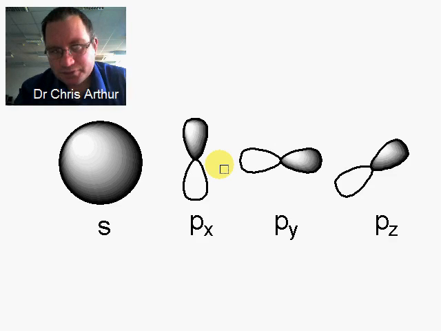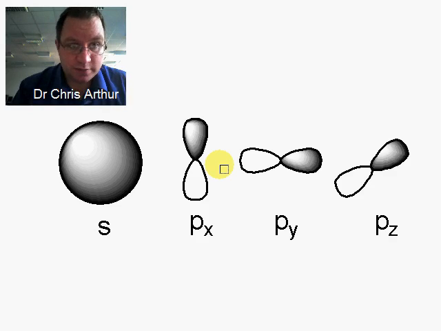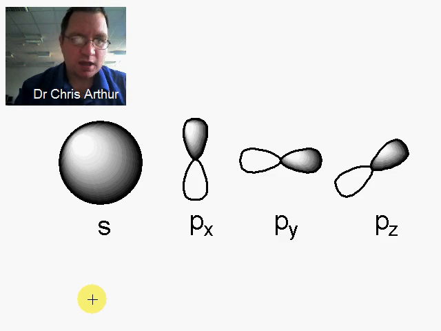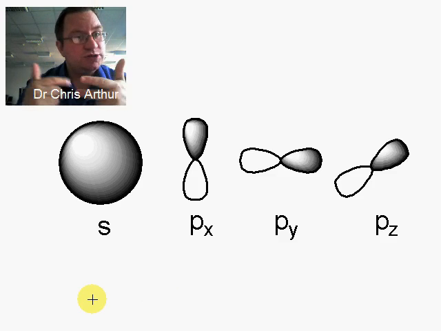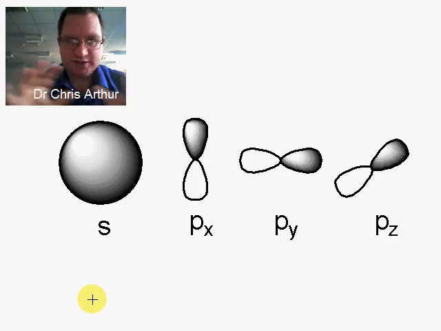Hi there. We spoke in the previous video and in the lectures about the atomic orbitals of carbon, and I said that carbon has 6 electrons, and what we do is we put 2 electrons into the 1s orbital, so that's filled up and that's low energy, so we don't worry about that.